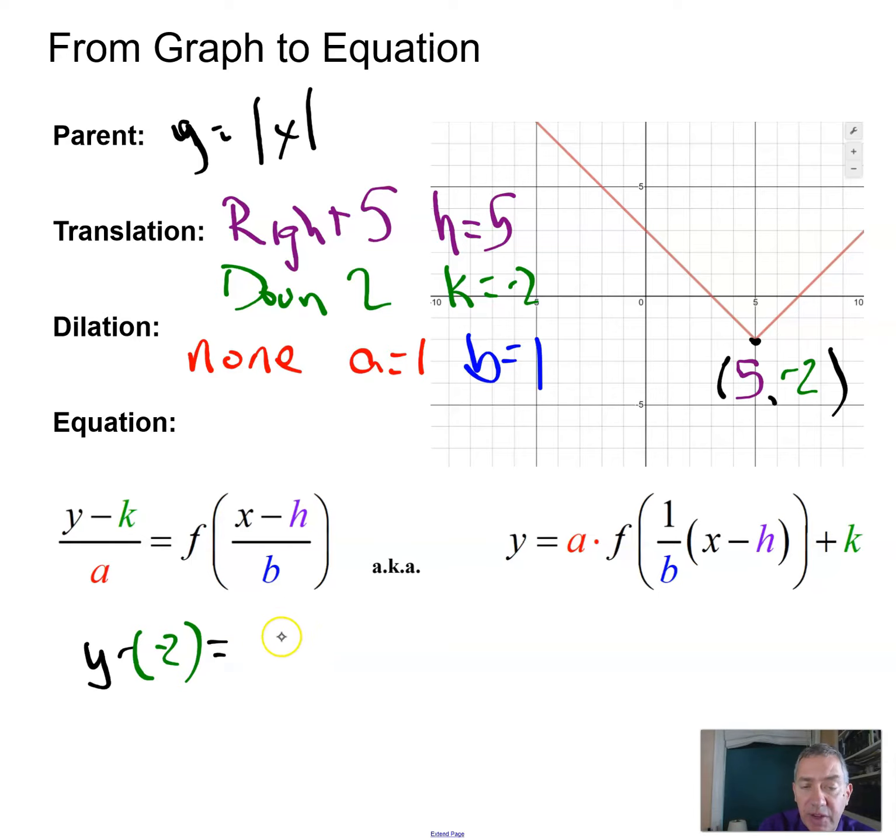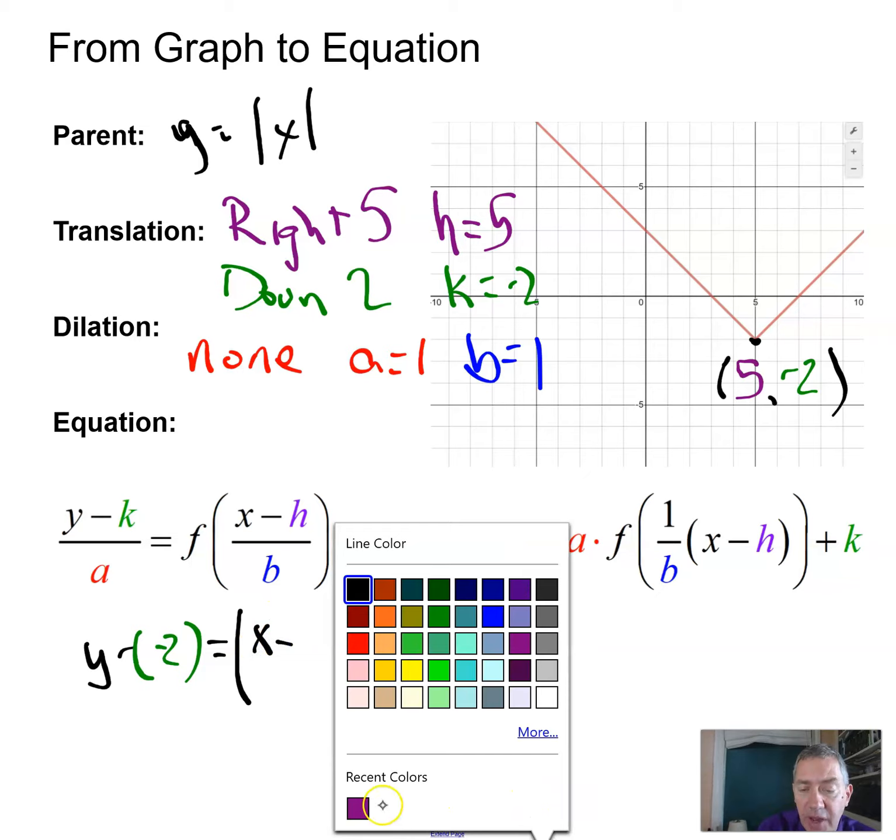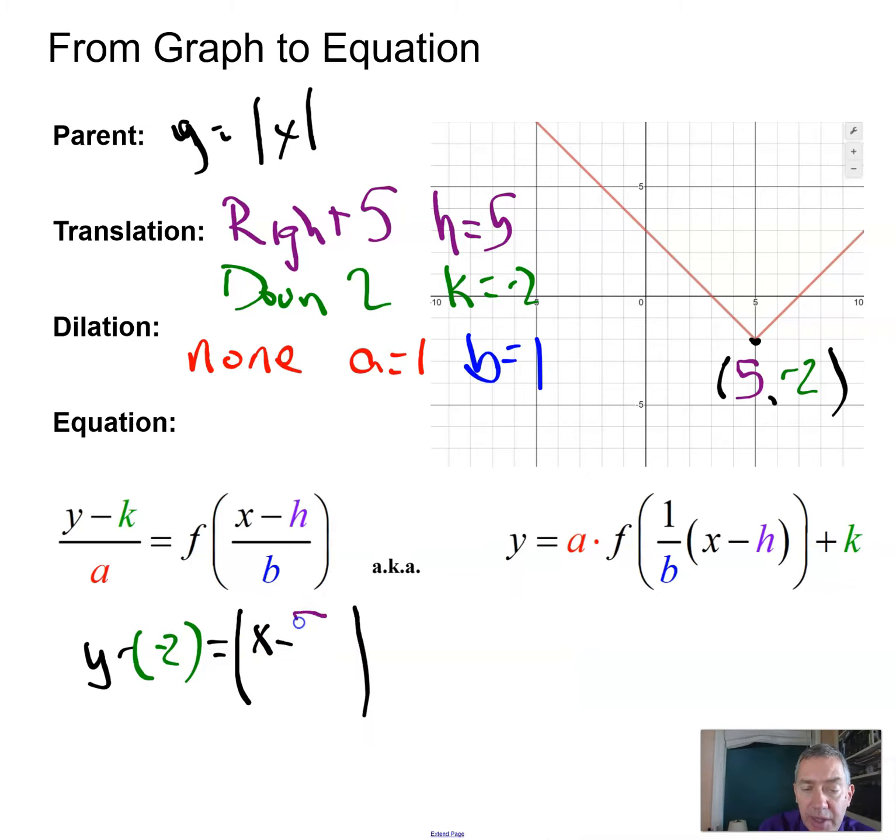Equals the absolute value function, so we're taking the absolute value of x minus 5, which is h, and divided by 1 again. And again, I could write divide by 1, but that gets redundant and unnecessary.